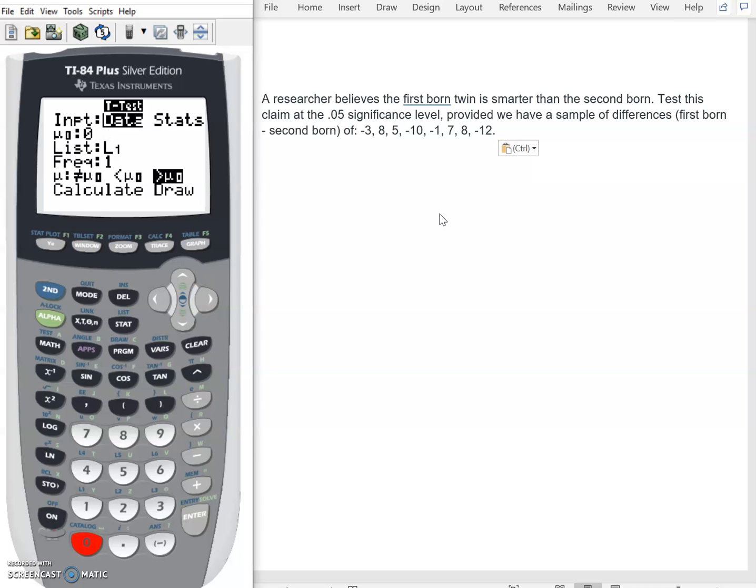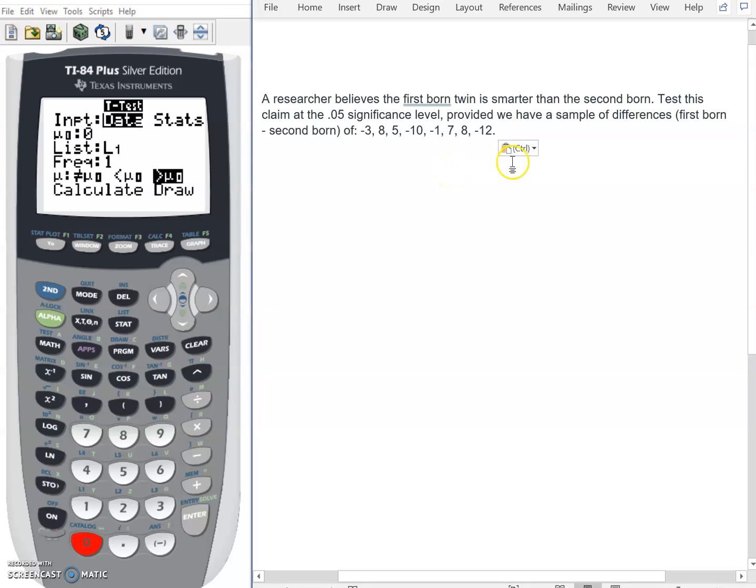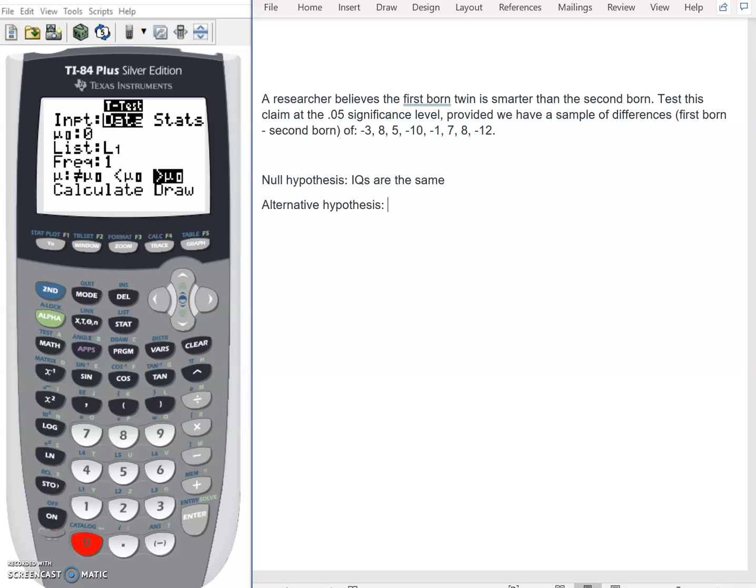Now the researcher, this is the alternative hypothesis, the researcher believes something different. So just in terms of words, we would say that the IQs are the same, right? The alternative hypothesis is that the researcher believes the firstborn IQ is larger because they're smarter than the secondborn IQ.